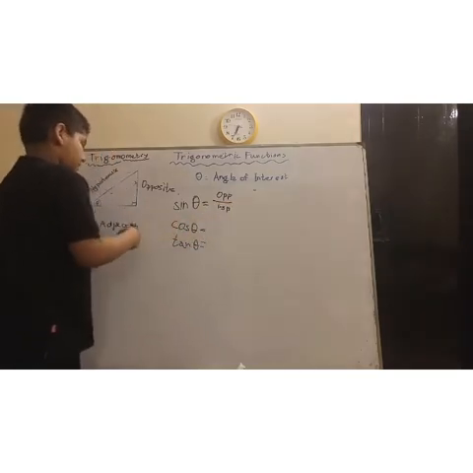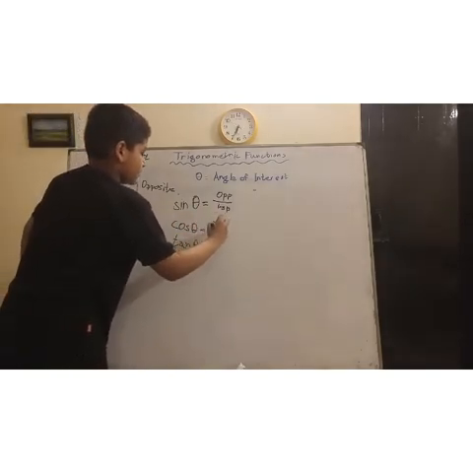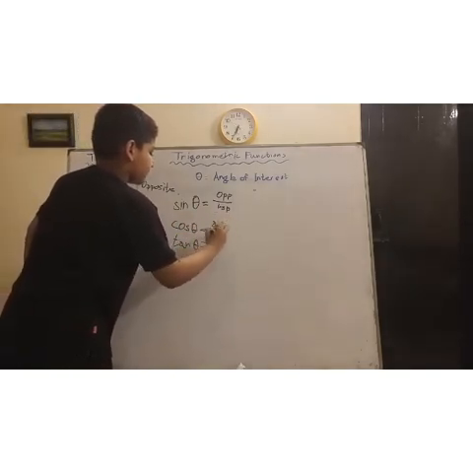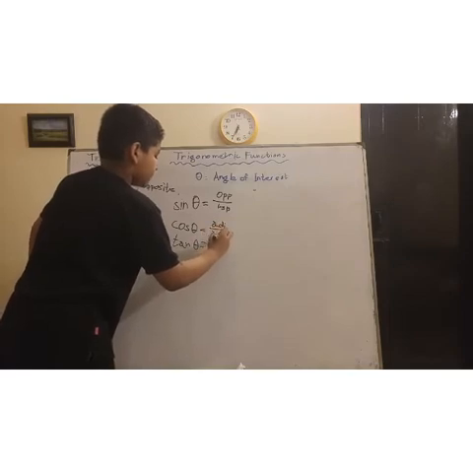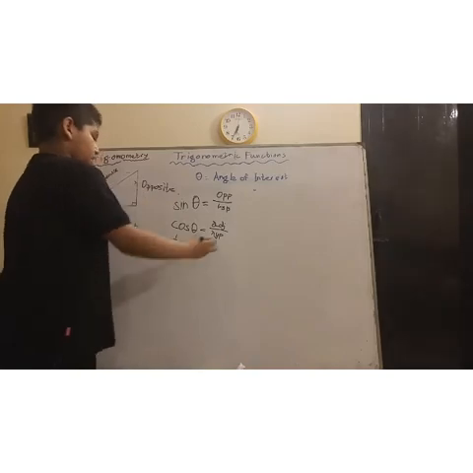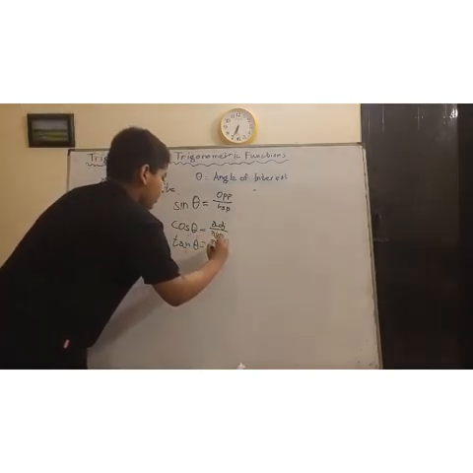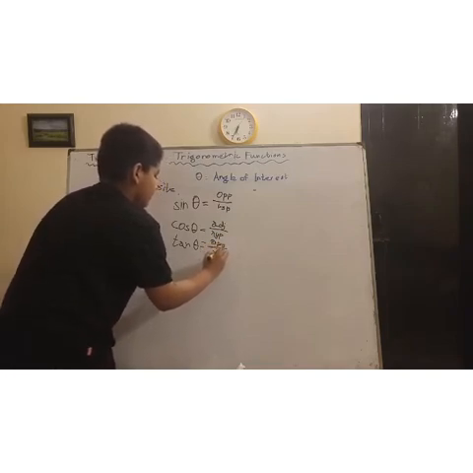The cosine of theta is the adjacent over the hypotenuse. And the tangent is basically sine over cosine of theta, or, as you might guess, opposite over adjacent.